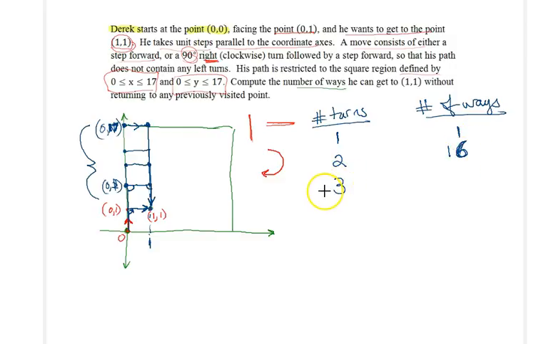Now if 3 turns are involved, let me go ahead and use the red color in that case so that it looks different here. So I will start going up. Let's say I stop here, I make my first right turn, and then I do not stop at this level, but rather I keep going, and then I stop at level 2. And then I know exactly what to do.